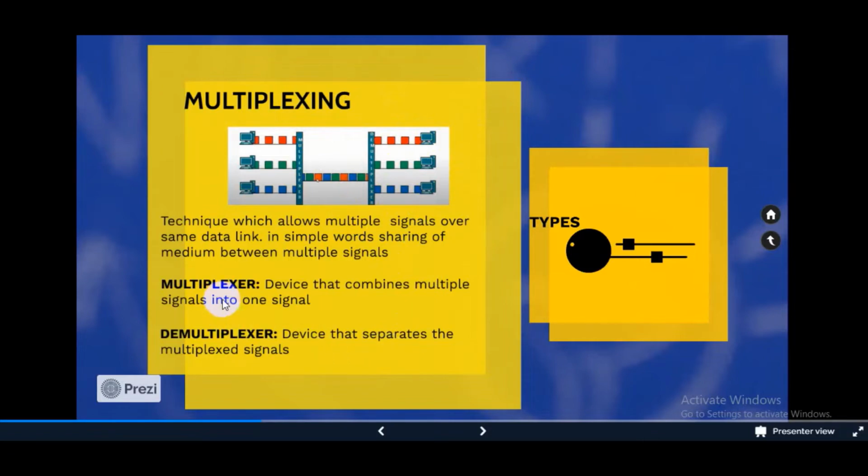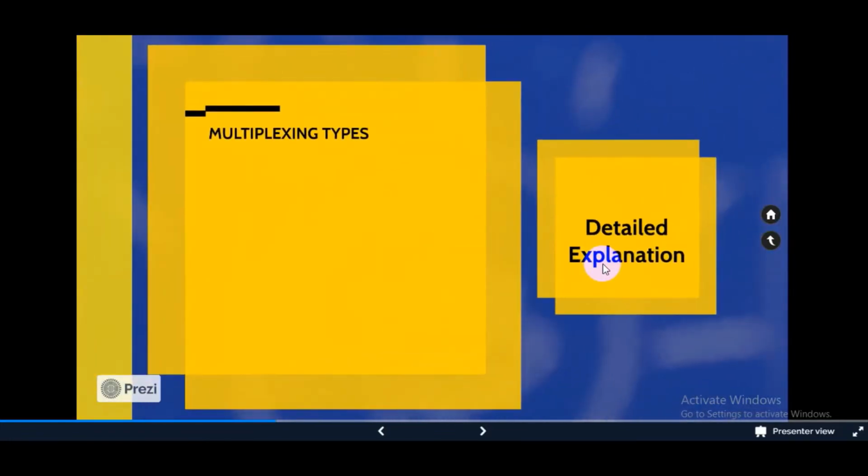So when I talk about multiplexing, the two important terms to keep in mind are the multiplexer, which would be on the source or sender side, and the demultiplexer, which would be at the receiver side. Next we have types.